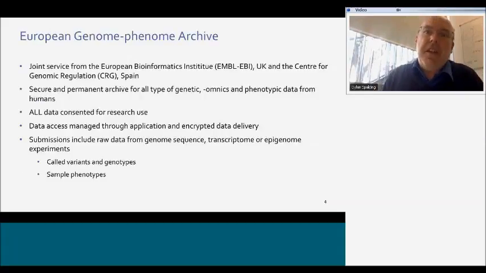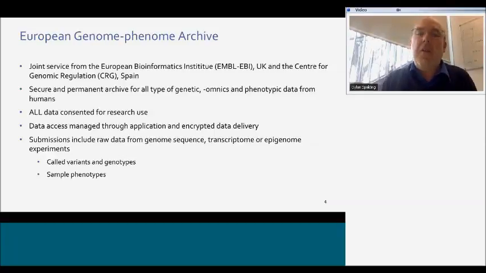The European Genome Phenome Archive, or EGA, is a joint service run by the EBI and the CRG, the Centre for Genomic Regulation in Spain. It's a secure permanent archive for all types of genetic, omics and phenotypic data in humans. Crucially, all the data in the EGA is consented for research use. It's under some form of consent agreement, which I'll talk about in a bit.